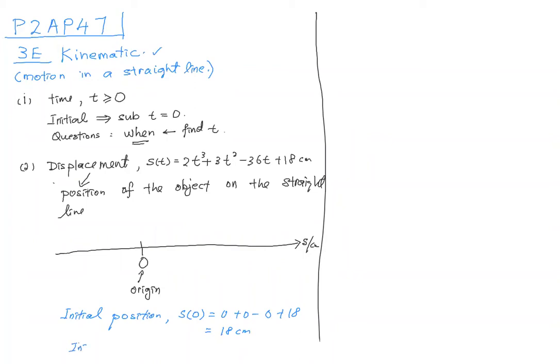When you have the displacement at 18, that is how I interpret it: initially, the object is 18 cm to the right of the origin.